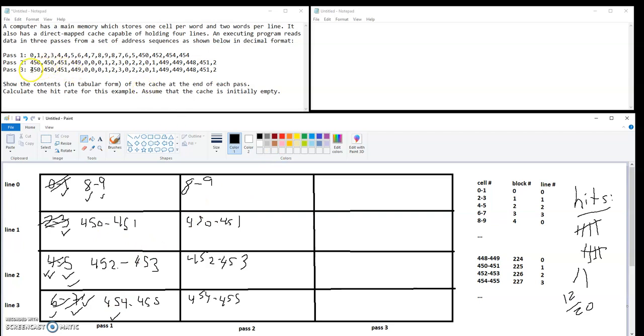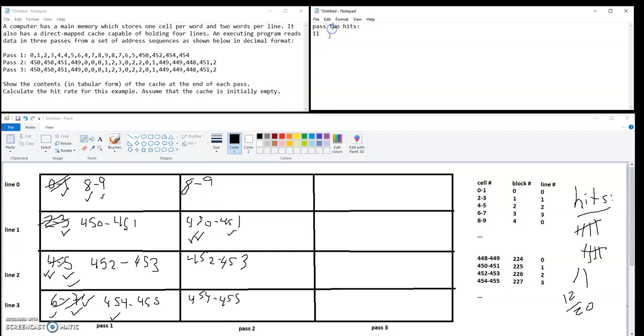Pass 2 starts with 450. 450 is a hit. So let's make some more hits. Pass 2 hits. I'll just put a number 1 and we'll count them later. 450. Another hit. 451.